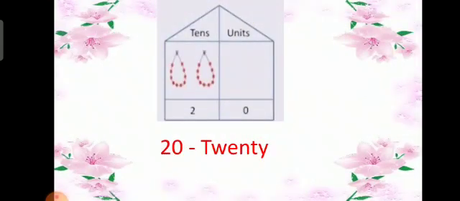Now here in the houses of ten and units, we are going to draw two strings, 2 tens plus 0 units. One string means 10 units, two strings mean 20 units, and 20 units means 2 tens. 2 tens means 20. What is the spelling of 20?